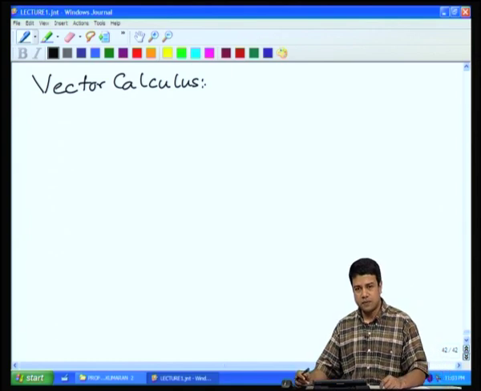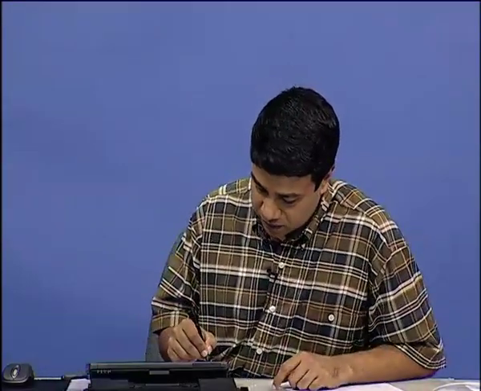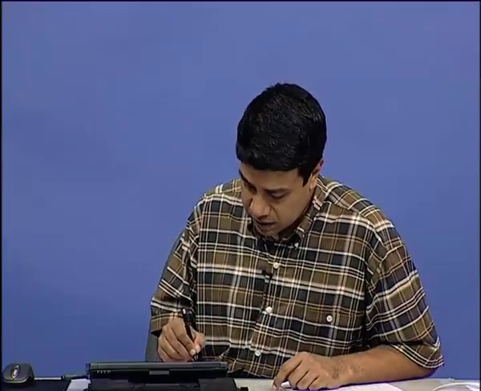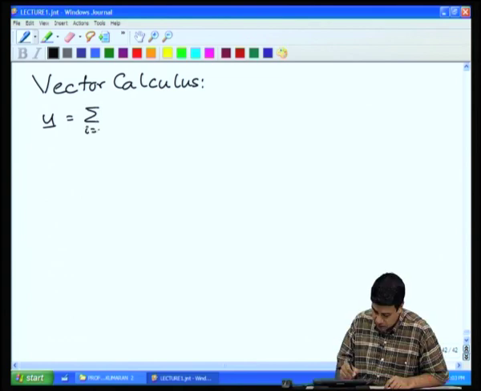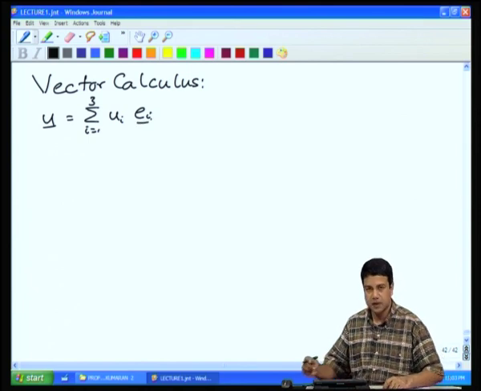To review briefly what we had done in the previous few lectures, we will consider vectors and tensors as objects in themselves with some one or more directions associated with them in space. For example, the velocity vector is typically written as the summation i equal to 1 to 3 of u_i times e_i.